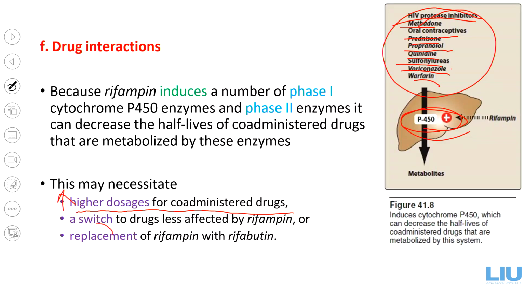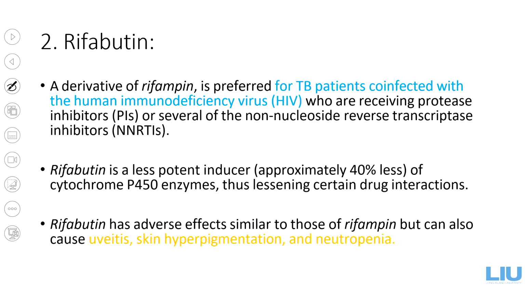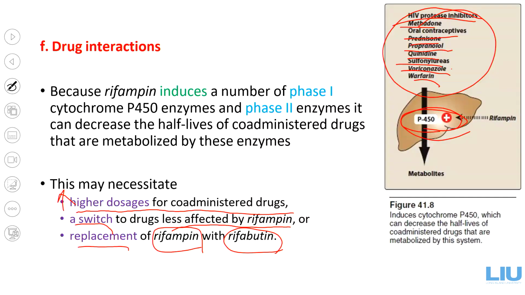Or you could switch to a drug that's not affected by rifampin, or you could switch rifampin to, guess what? Rifabutin. That would be nice, right? Rifabutin is within the same class of rifamycin, and it would have less interaction effects. It's not zero, but as you will see, 40% less effect on the enzymes that are induced. So the effect of enzyme induction is 40% less, okay?